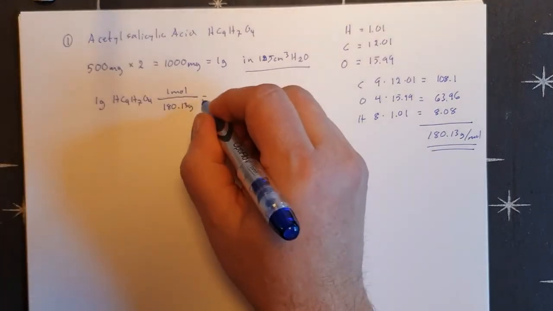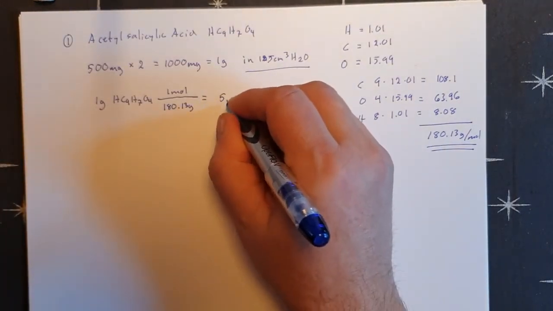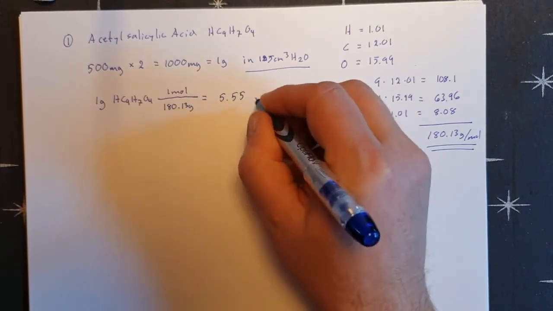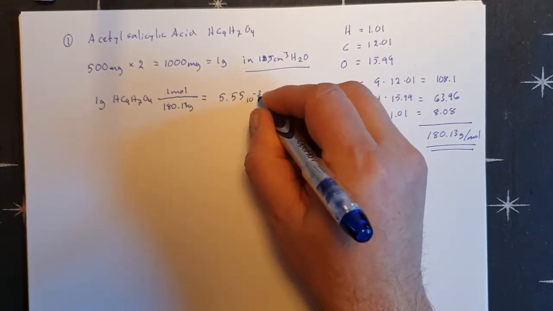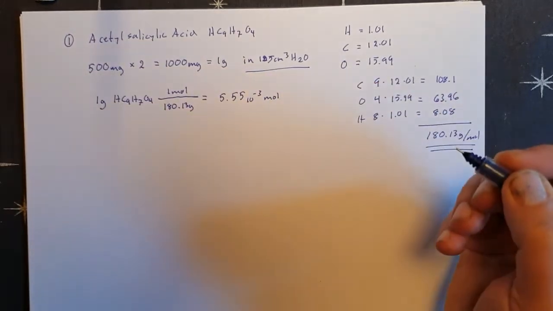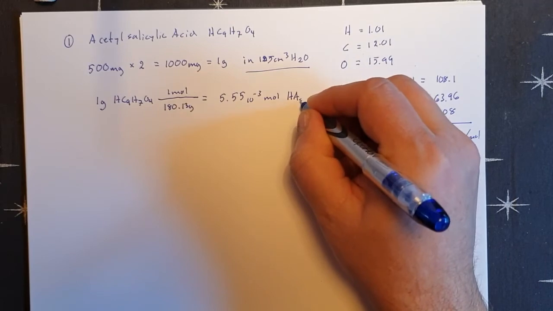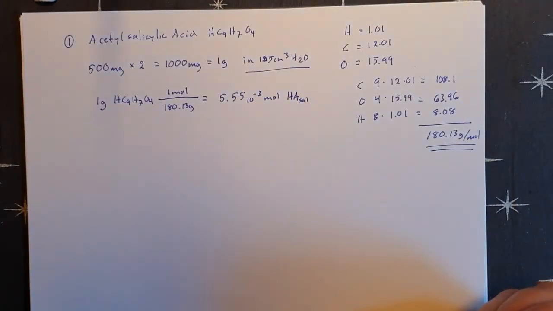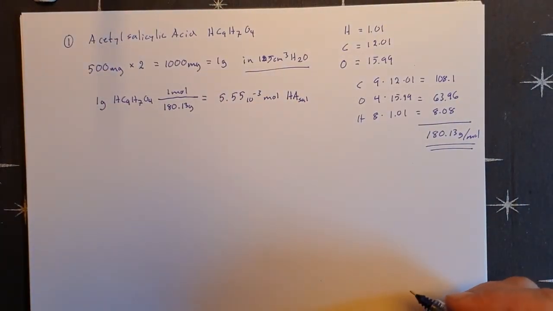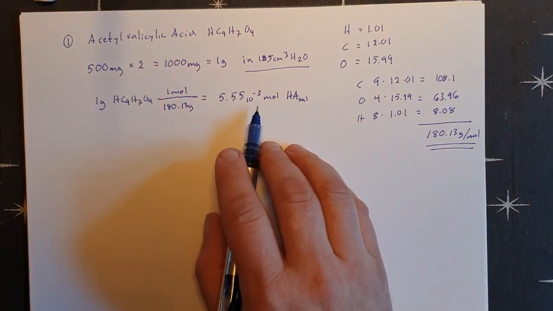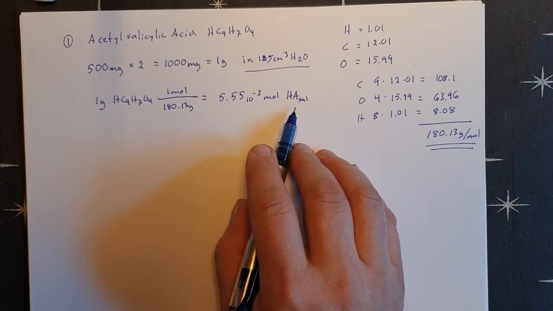And that'll give us then 5.55 times 10 to the minus 3 mole of this stuff, which I'm going to now start calling HA sal, because that'll make it easier for us to write this.